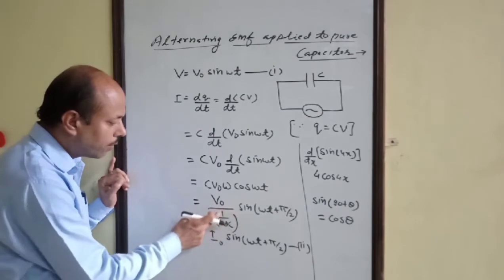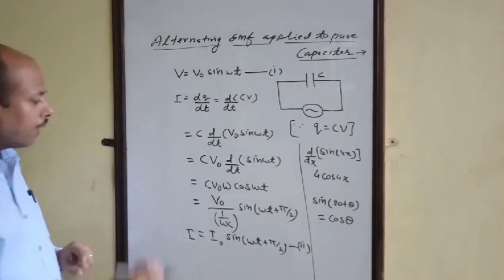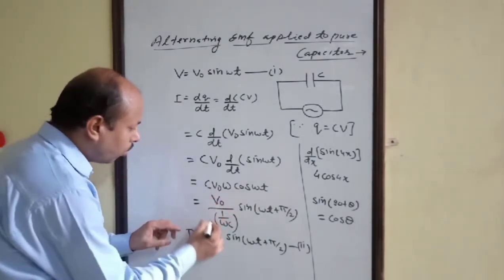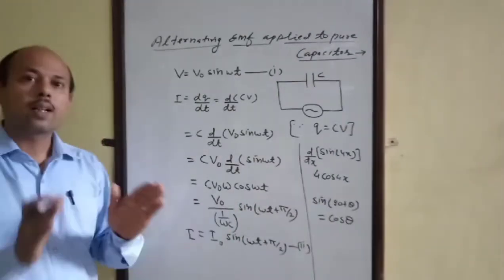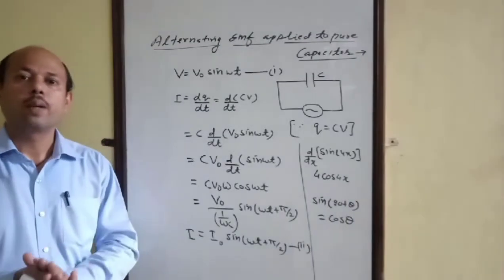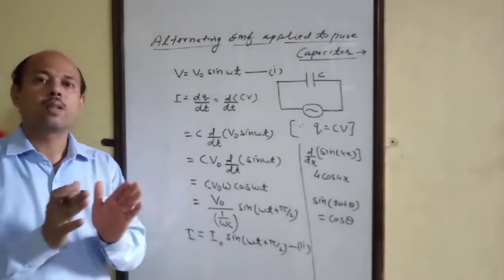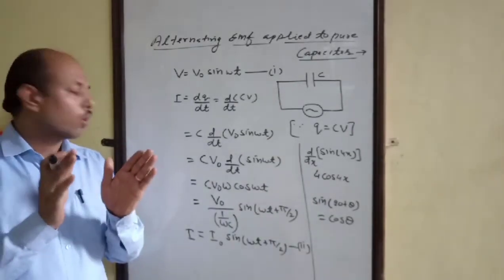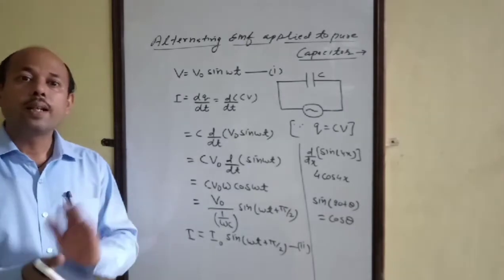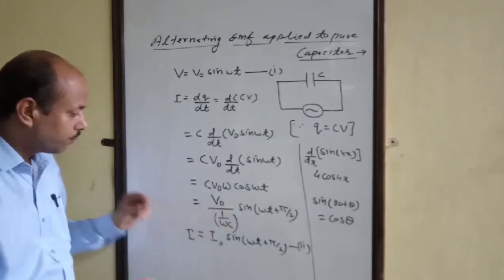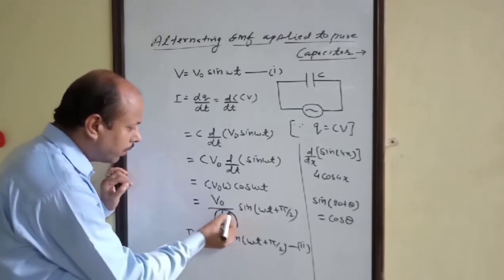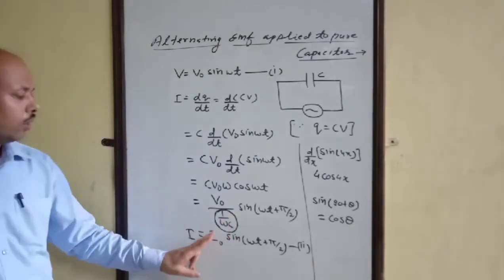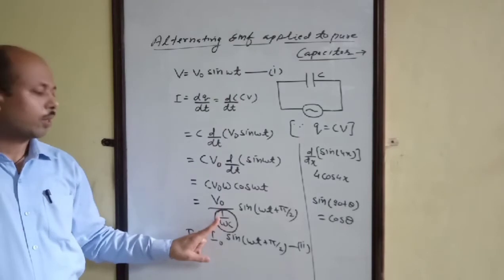V naught divided by 1 upon omega C. Why are we writing it here? Because this whole quantity we are writing as current. And we know that current is voltage divided by resistance, or voltage divided by opposition, or hindrance. So this is the opposition. This quantity will be the effective opposition offered by the capacitor.